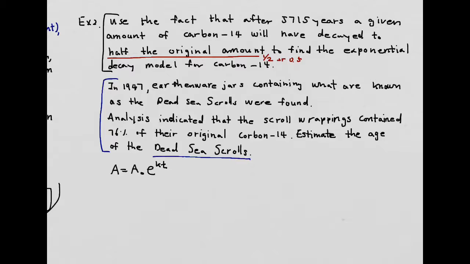So you could say A naught equals 1, and A is going to be 0.5, or 1/2, half. And then what else do we know? We have the time of 5,715 years.